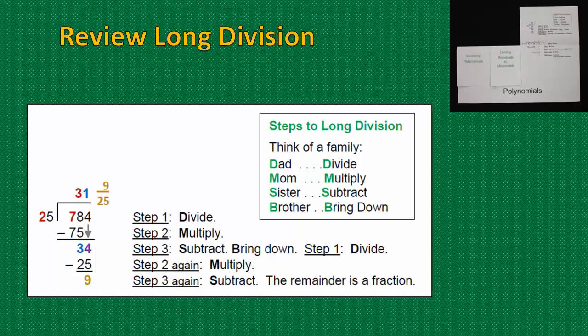The last thing that we will do is to write the amount that is left over, the remainder of 9, as a fraction. We put the 9 over the 25 that we were dividing by. And our remainder is telling us that we have 9 out of 25 parts. So this is the review of long division, and now we can move on to polynomial long division.